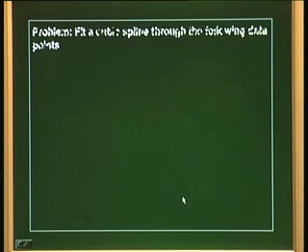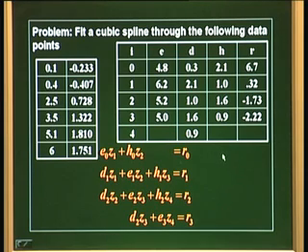For every internal interval I can write down this equation, and I will get n minus 2 equations. There are 6 values here: 1, 2, 3, 4, 5, 6. So I have n minus 2 such interior points, and n minus 2 equations here.